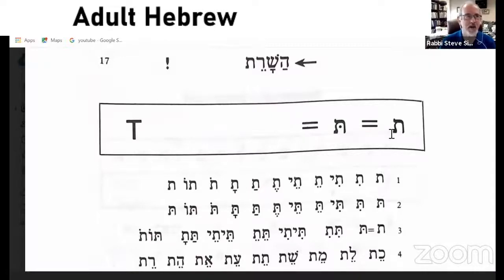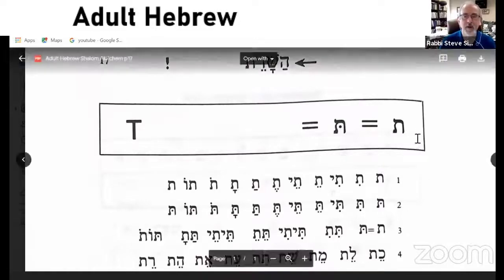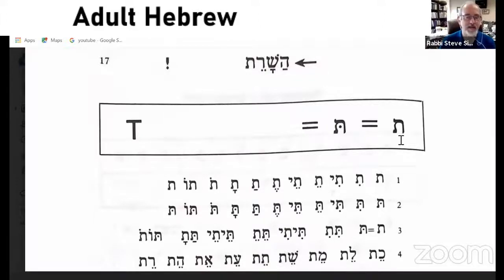If you say Asher Kidshanu b'mitzvotav, Ashkenazim sometimes have said b'mitzvosav, because they pronounce the letter without a dot as an S. But more and more people in the past 70-ish years or so have grown accustomed to reading both forms as a T, because this is how it's done in Israel. And Israeli style Hebrew has become much more the consistent norm throughout the Jewish world in the past 70 or 80 years or so.